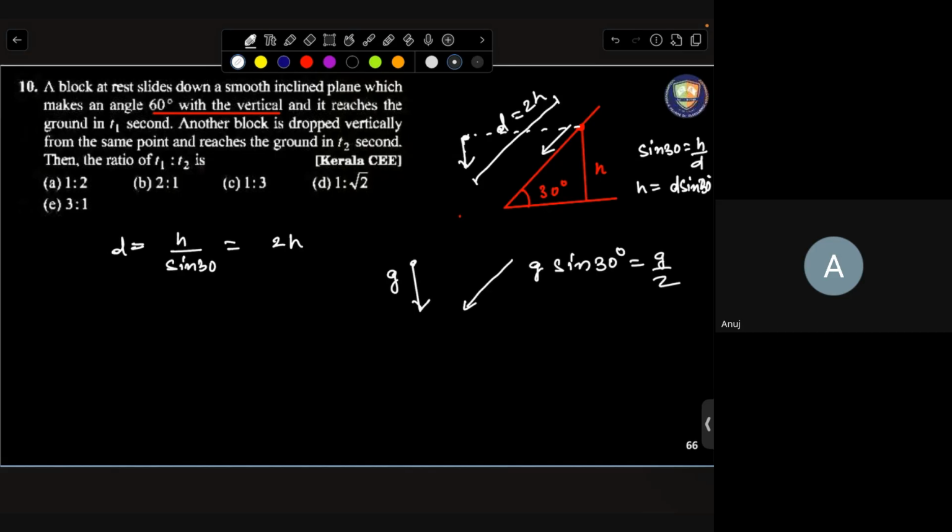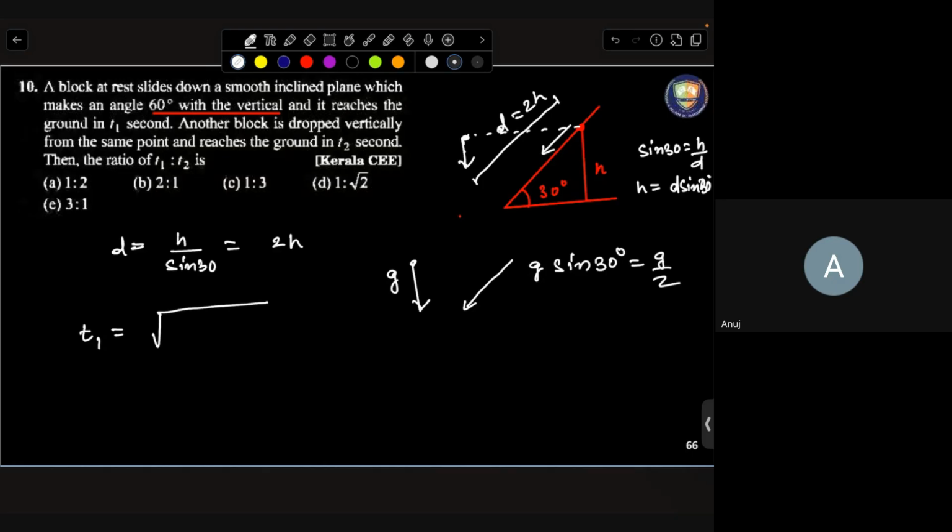Now, let's find what is time t1. T1 is root under, what is acceleration, how much time it will take to go down. Distance we know, initial velocity is 0, then acceleration we know. Clear?